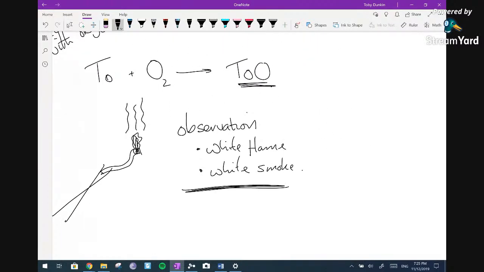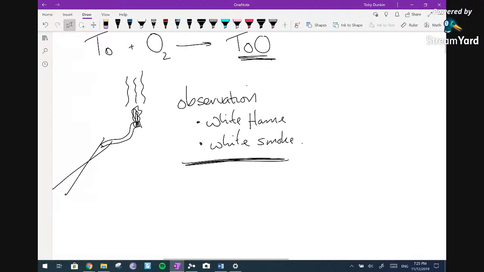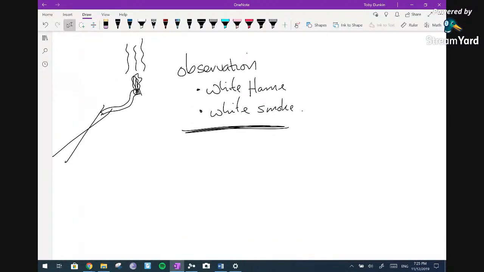That would be a bit like magnesium. The other observation, so this is if it did react, this is a yes to O2 reaction. The other observation is no change.